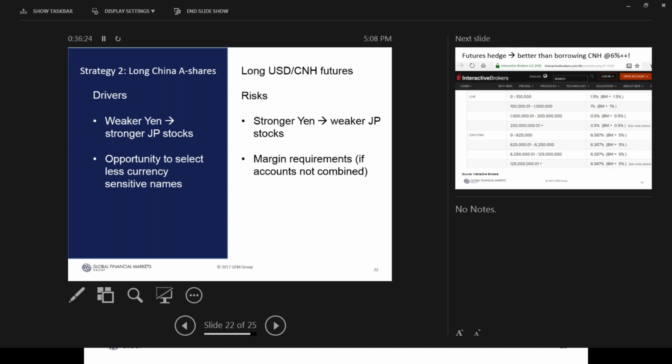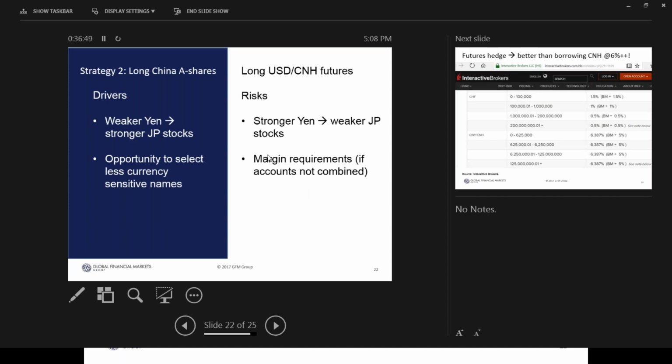So you'll notice that I didn't update the slide here. I very often do this trade with yen, because very often I have clients who say we want to buy Japanese stocks, but we feel that the yen is going to go down. We want to make money in yen terms. So one option is you can either buy Japanese stocks on margin, or you can convert money into yen, buy the Japanese stocks, and then sell yen futures in order to hedge the FX exposure. So even though I forgot to change yen to renminbi, the mechanics are exactly the same.